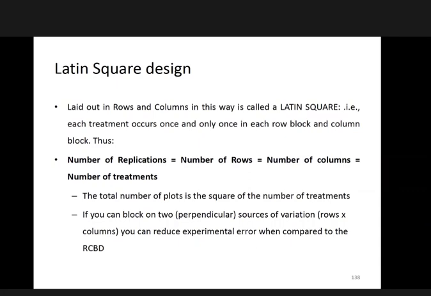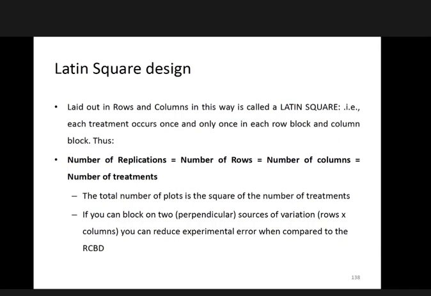Now, let's assume I have 10 treatments. How many experimental units do I need for my experiment? Because if I have 10 treatments, each one needs to be replicated 10 times. Yes. So you need 100 experimental units.